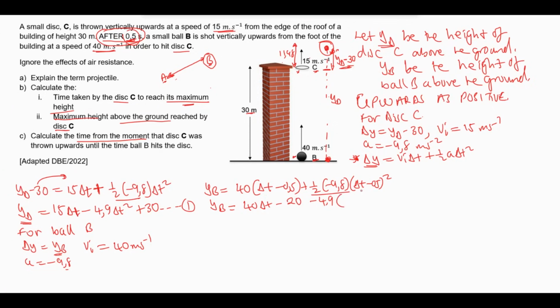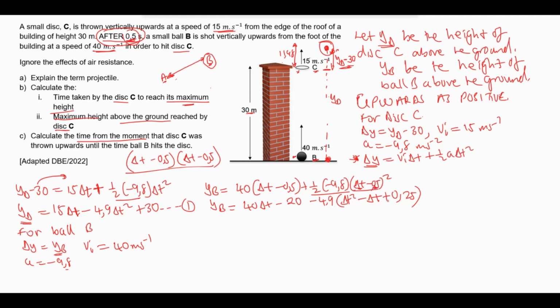And then if you expand this, you can expand this in a normal way. Delta t minus 0,5, and then delta t minus 0,5. You can use your FOIL method here. Distribute that. You'll get delta t squared, right? And then minus delta t, then plus 0,25. Right, I know that I just square this, then 2 times delta t times 0,5, and then I square the 0,5.